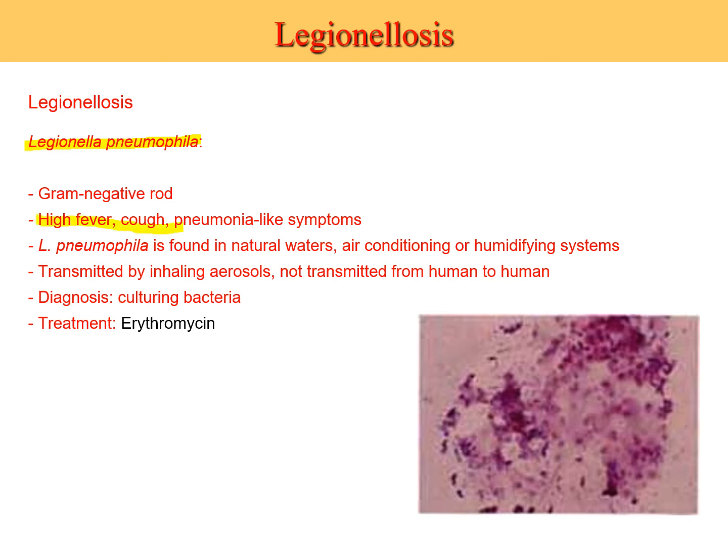It is an organism that's found in natural waters that are stagnant and therefore can sometimes grow in air conditioning or humidifying units or systems, and they have to be kept clean.